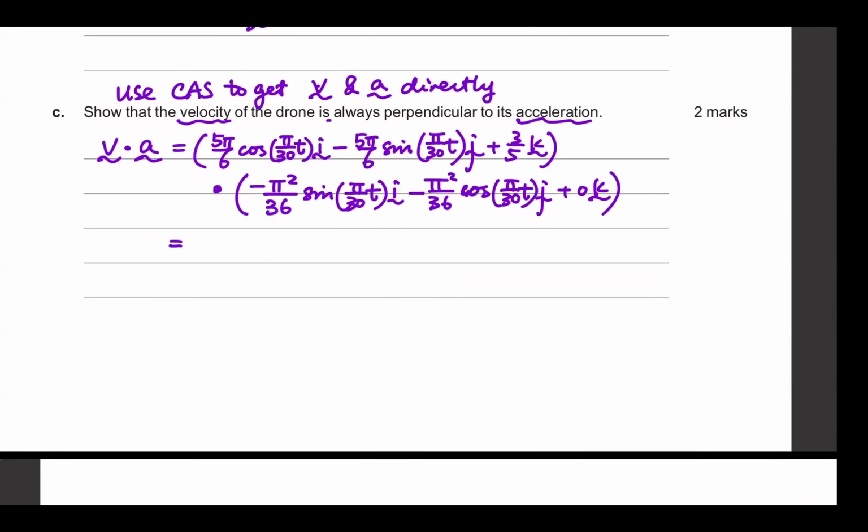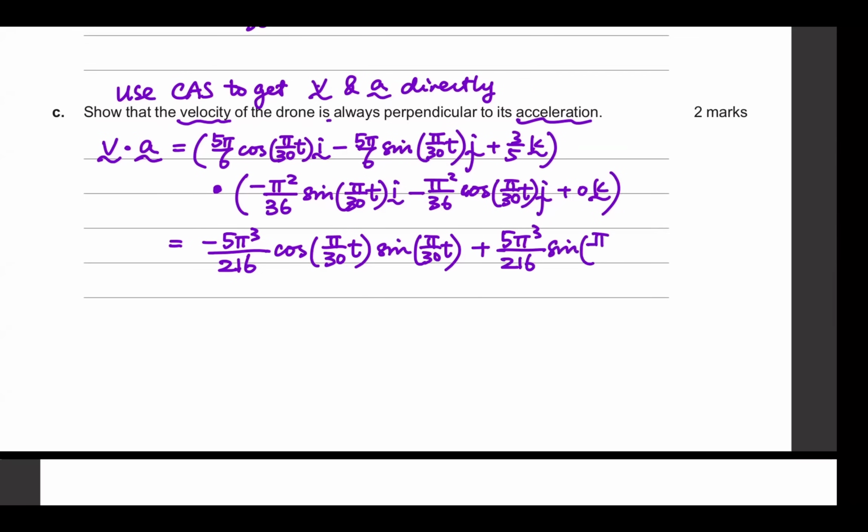Say 5π times π squared minus 5π to the power 3 divided by 216 cosine(πt/30) sine(πt/30), plus, minus times minus is plus, 5π to the power 3 divided by 216 sine(πt/30) cosine(πt/30) plus 3/5 times 0.